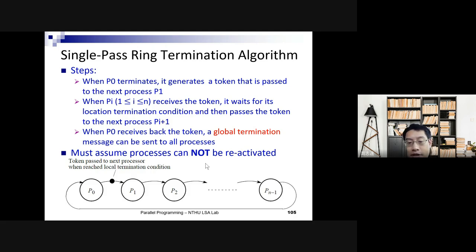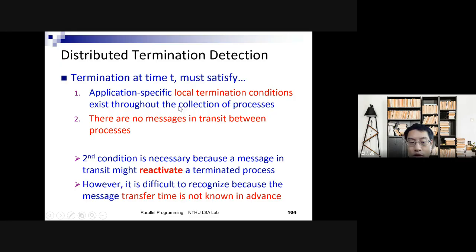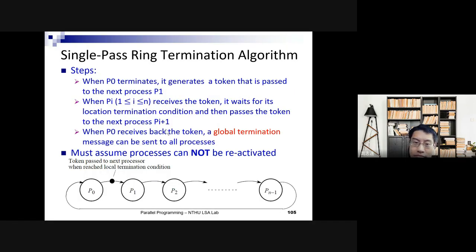And obviously, it will not address the second condition, which says that a process can be reactivated by a message. Because if a message generates a new task, then it will reactivate the process that received the message. That's why we say single pass ring can only satisfy the first condition, and it has a requirement that no process can be reactivated once it has reached the termination state.